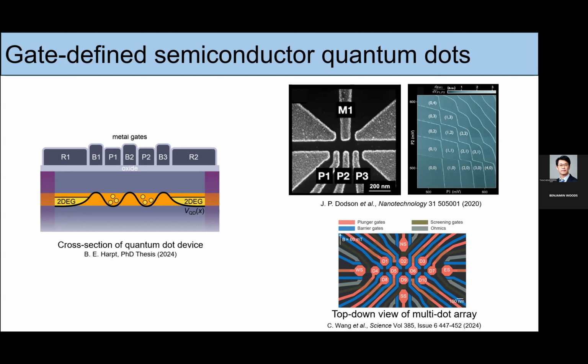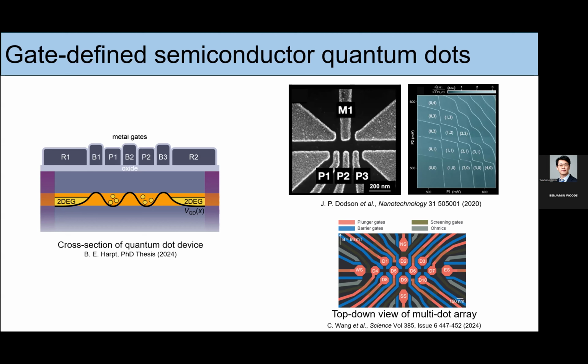And then on top of the stack, we have these metallic gates that we can use to tune the electrostatic environment in the semiconductor. And by tuning these voltages properly, we can isolate a small number of electrons in these regions that we call quantum dots. And remarkably, you can control the number of electrons in these dots down to the individual electron.